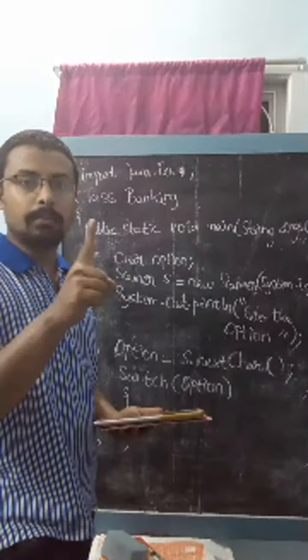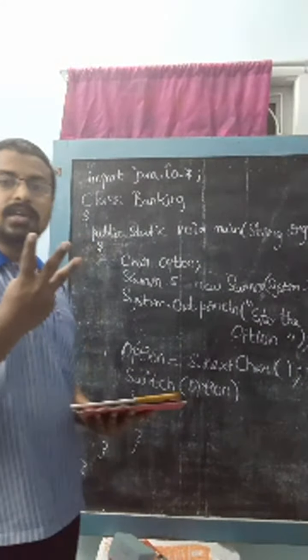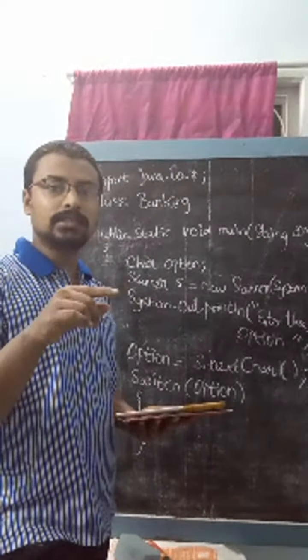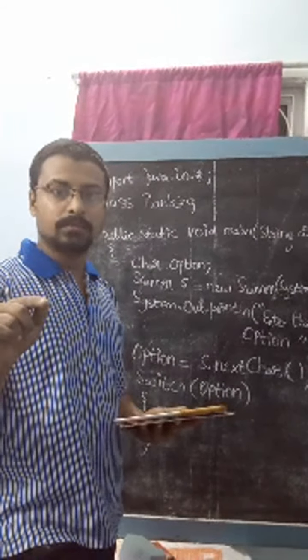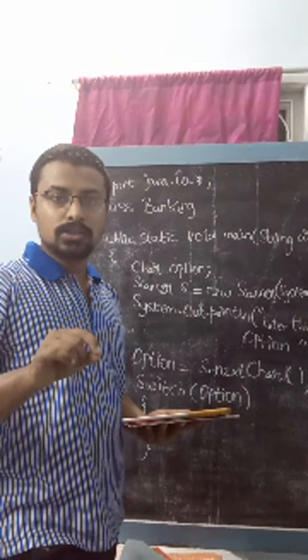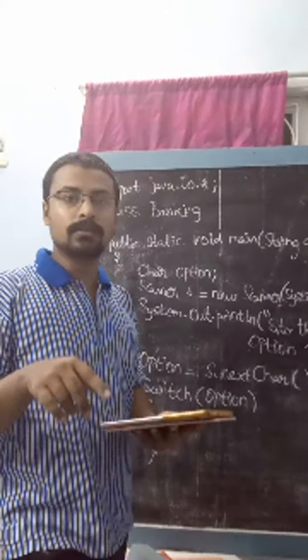Case 1 means Monday. Case 2 Tuesday. Case 3 Wednesday. Case 4 Thursday. Case 5 Friday. Case 6 that is Saturday. Case 7 that is Sunday. Finally default, there is no option, invalid option, you just make it like that.